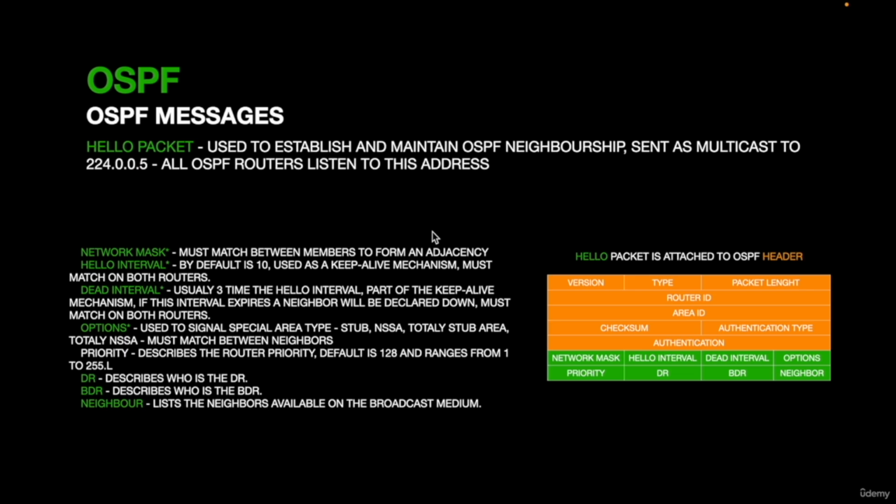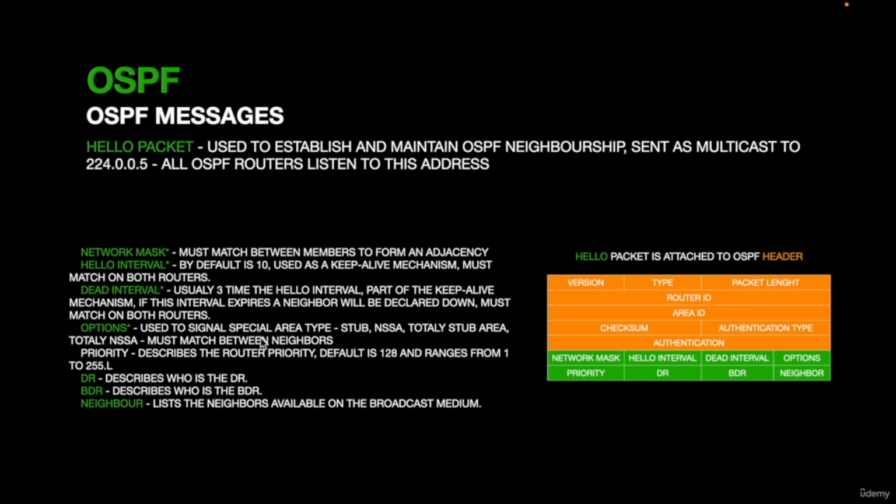Also, we'll have the hello interval, which by default is 10, and it is used as a keep alive mechanism, and this must match on the routers which are participating in OSPF. We also have the dead interval, which is usually 3 times the hello interval, and it is also a part of the keep alive mechanism. If this interval expires, a neighbor will be declared down, and again it must match on both routers.